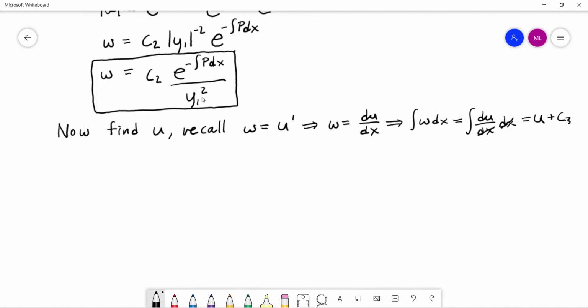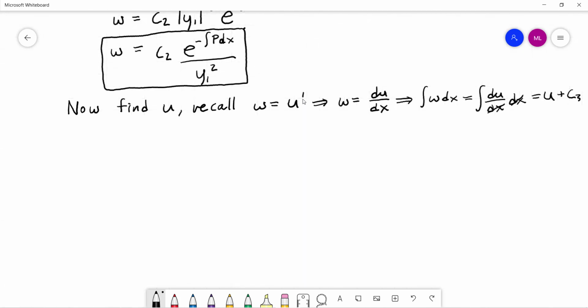The next thing I need to do is integrate w, integrate this whole thing with respect to x, and then add some new constant. So u is equal to the integral of w, which is C2 e to the negative integral of p dx over y1 squared.